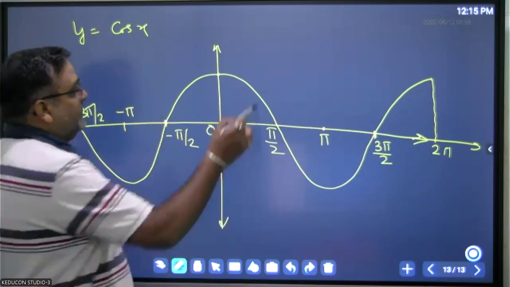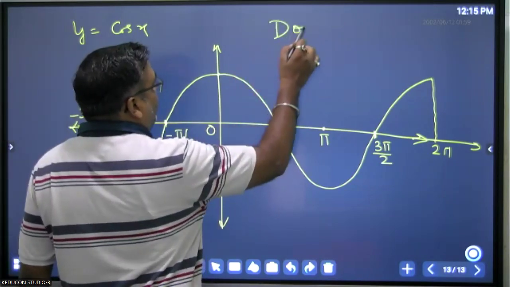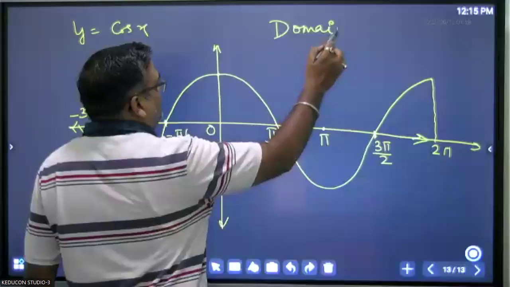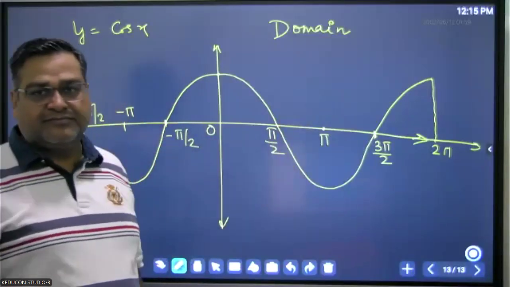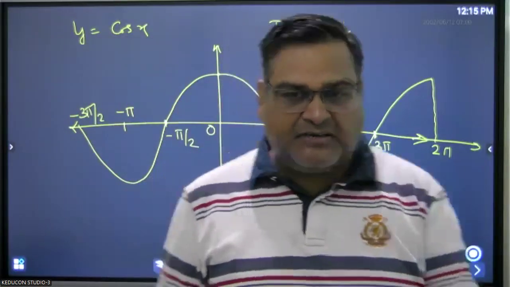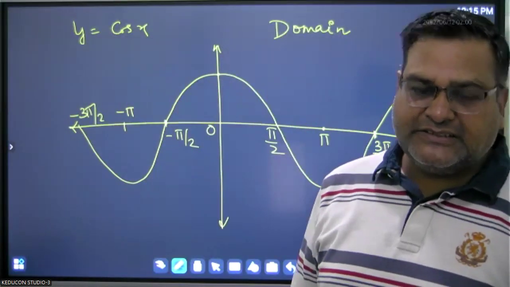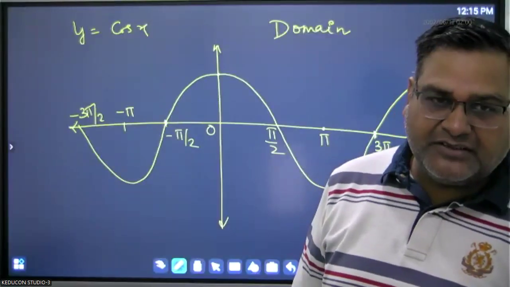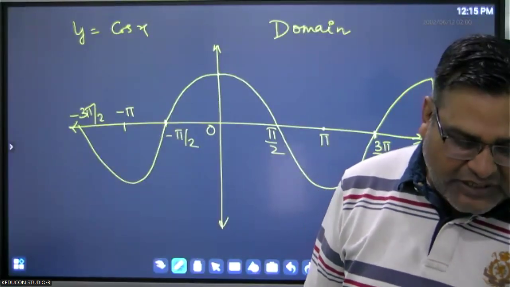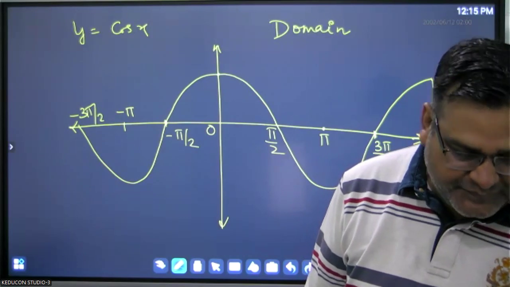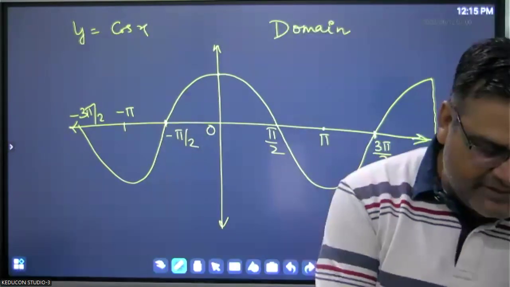Right? If I ask you the domain, what will be the domain of this function? Student, what will be the domain? Who will tell me? Nobody. Yes children, put it in the message. Anyone please put it in the message.